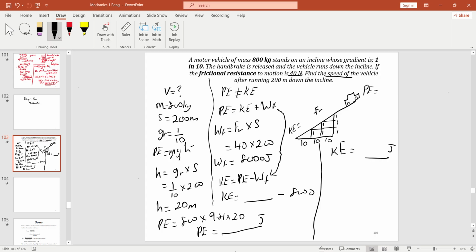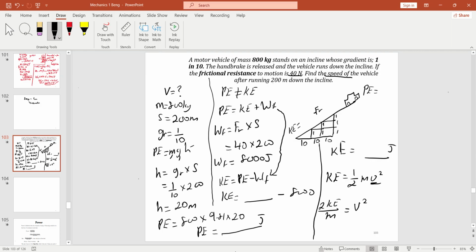Okay? So after finding this, we know that KE is equal to 1 over 2 mv squared. This is the V we are looking for. So that means you must make V the subject. By multiplying through by 2, which gives us 2KE, this will now go to the other side and divide by m, which is equal to V squared.